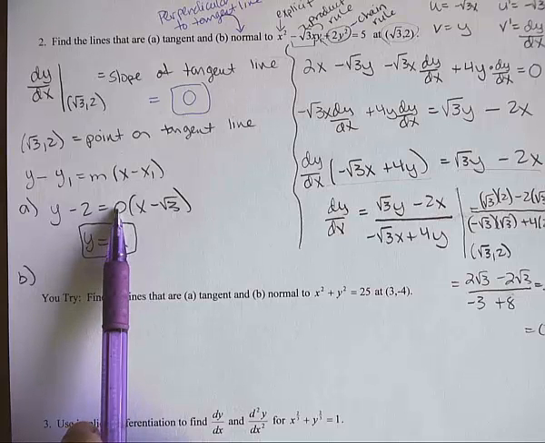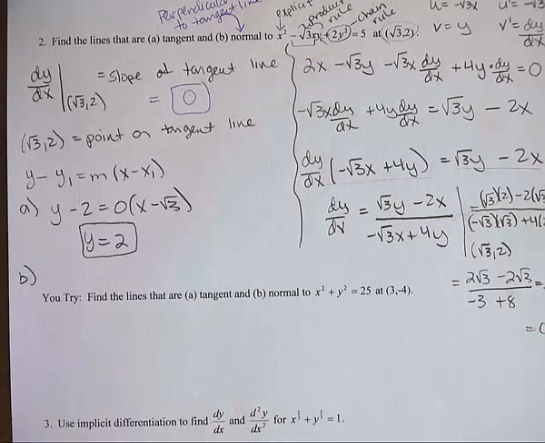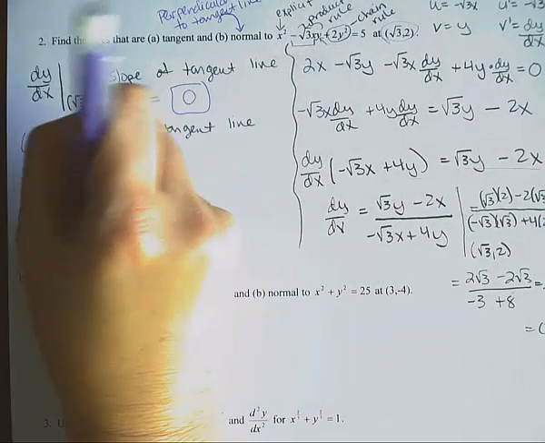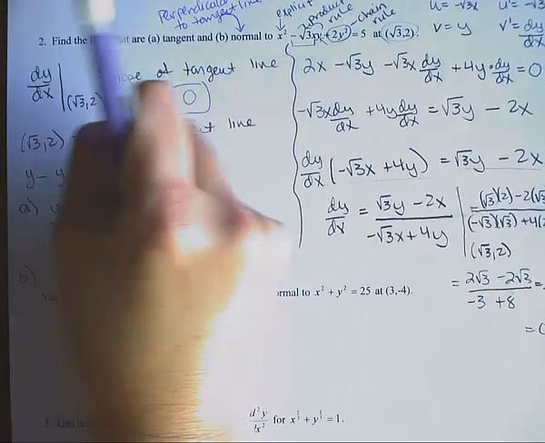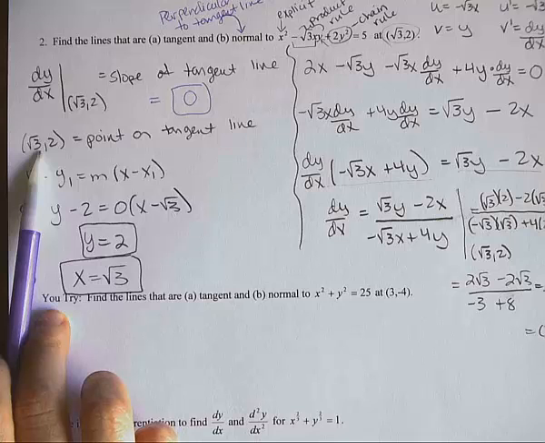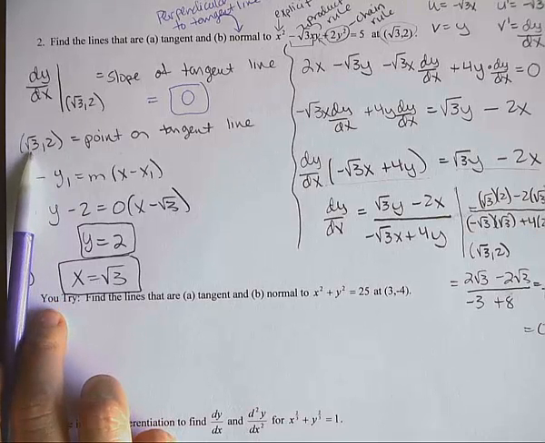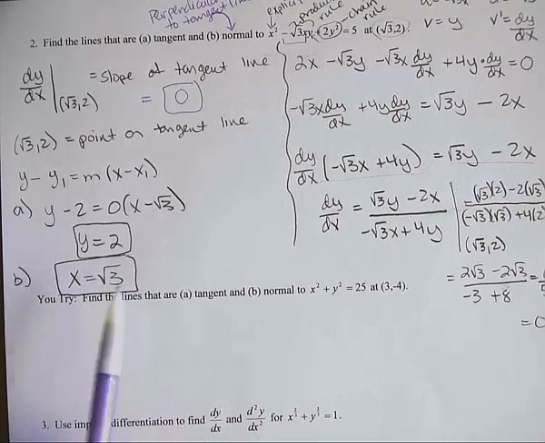So basically it's a vertical line going straight up and down. So the only equation I could have is x equals √3, because it has to go through this point, and it has to be vertical, meaning it's going straight up and down, and pass through the x-axis at √3. So the answer is x equals √3.